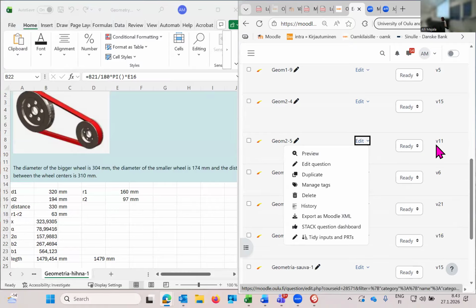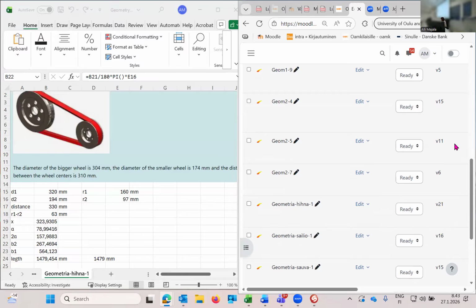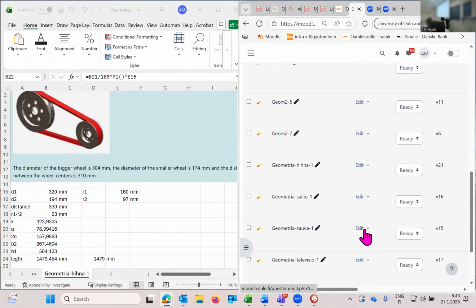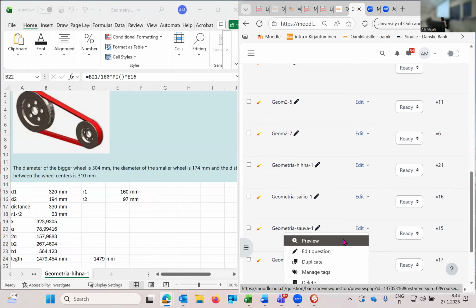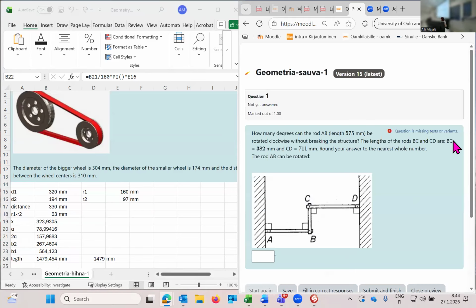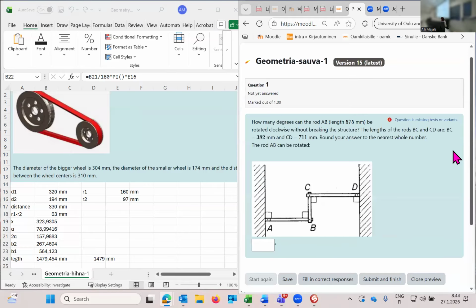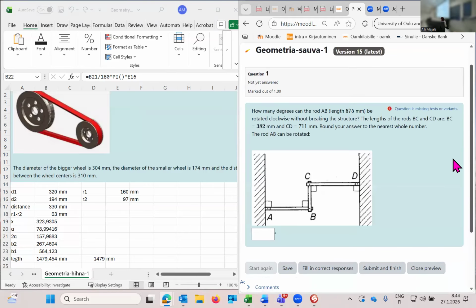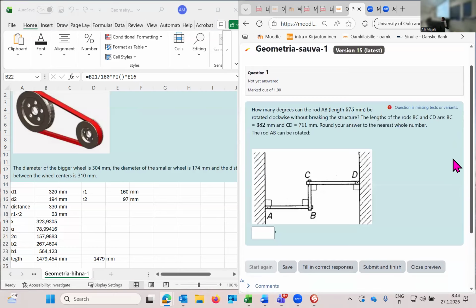That one is the sauva, I think. This one. Let's check. Yeah, it's this one. Okay, yes. We can go through this.